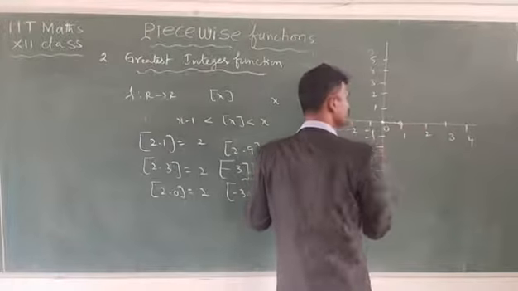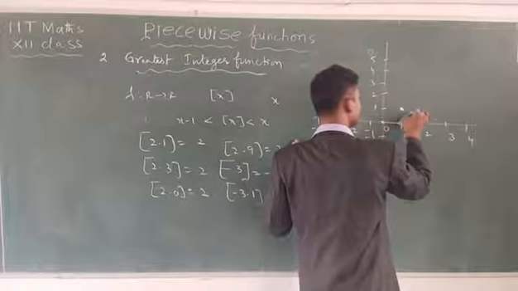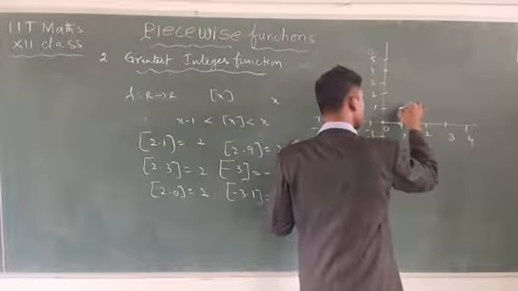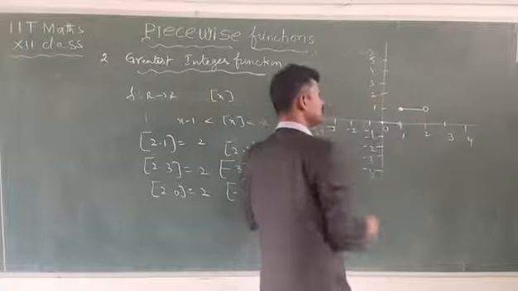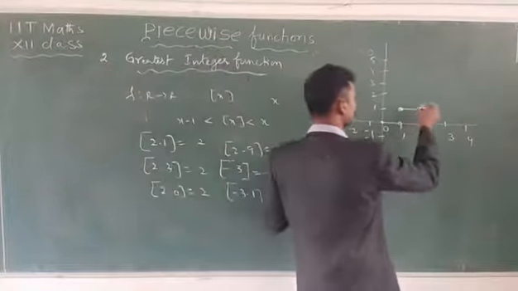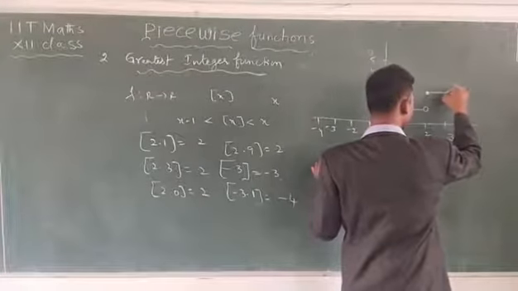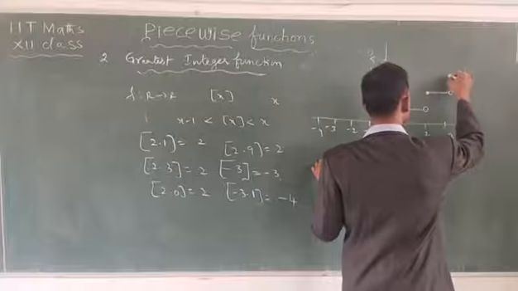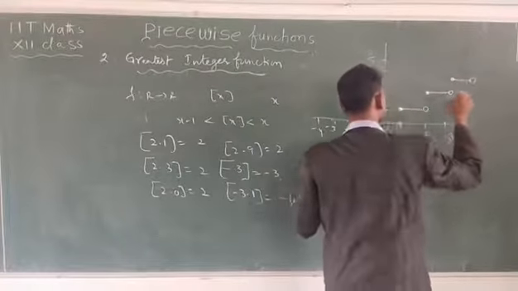But 1 means again 1, from 1 up to 1.9 only. This is one stair. This is a step function or stair function. Next, 2.0 up to 2.9 is one stair, and 3.0 to 3.9 is one stair.